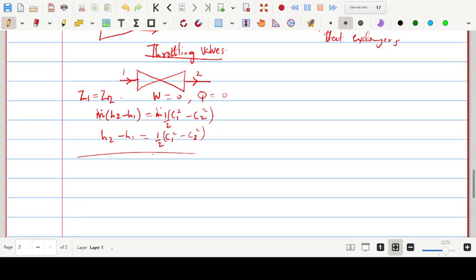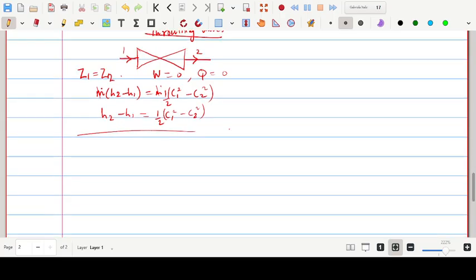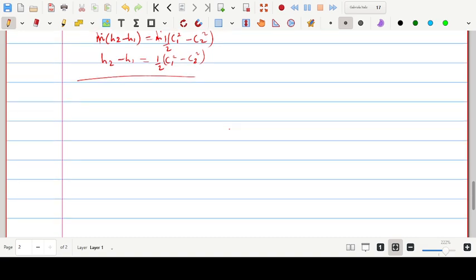So this is the formula you use to solve a question on a throttle valve.